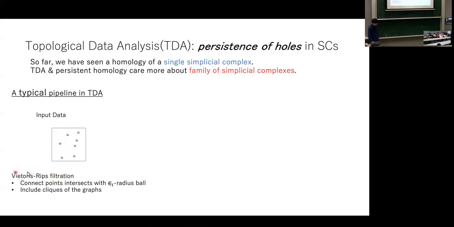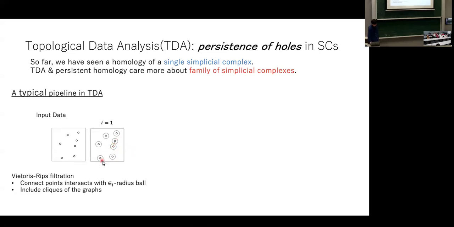The procedure of the so-called Vietoris-Rips filtration is as follows. You first make a ball with this radius around those points, and if the balls intersect, you connect the points.